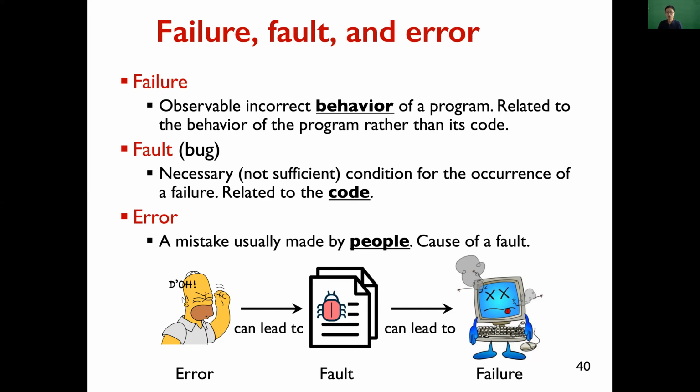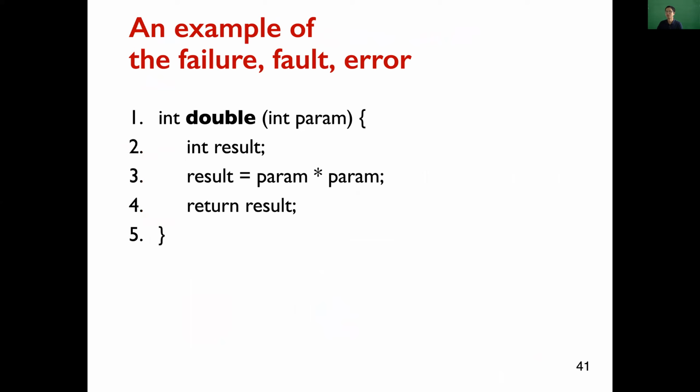Let's look at a simple and concrete example. This is a C or Java program, a method. The method name is double, which means this method will return the doubled value of the input value.